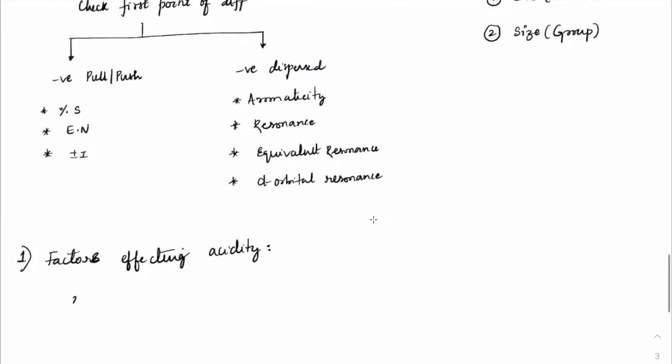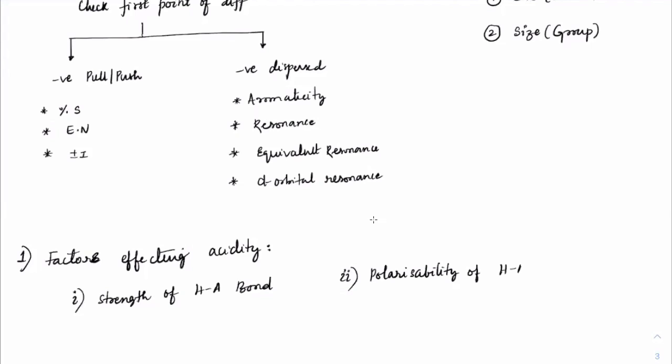The first factor that affects is the strength of the HA bond. Second factor is polarizability of the HA bond.